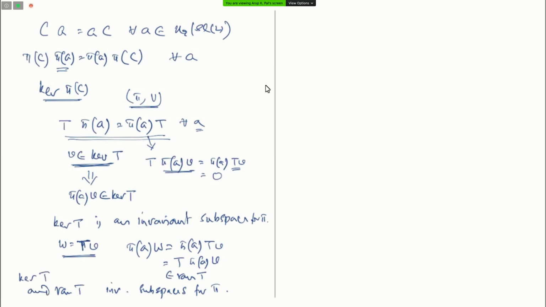And also, let's say phi A commutes with T for all A. Then any polynomial in T would also commute with it. So in particular, it would commute with things of this form.